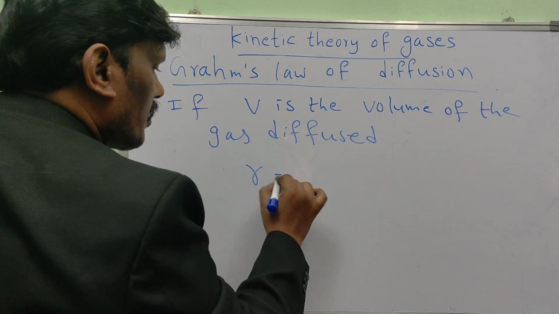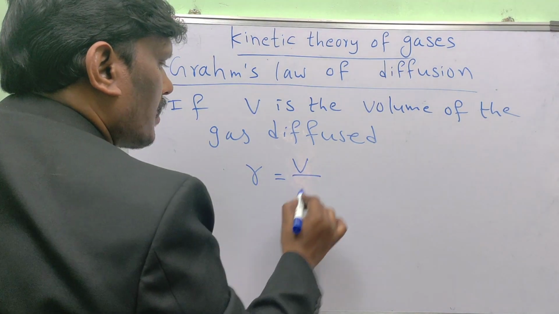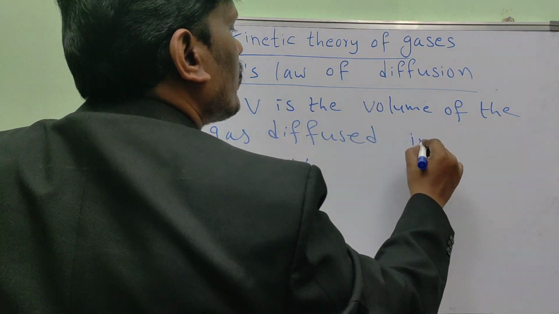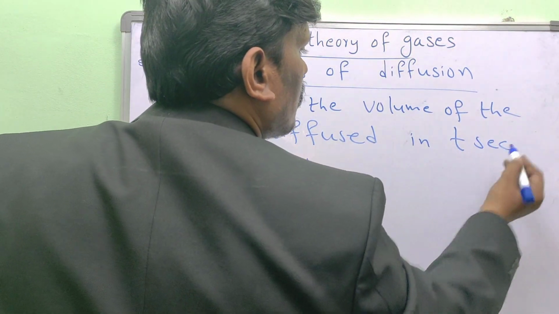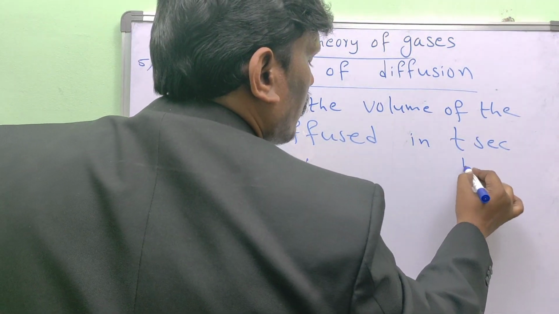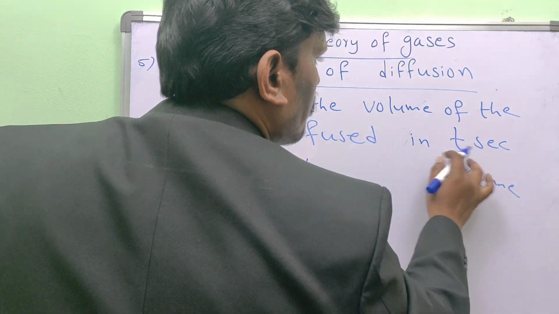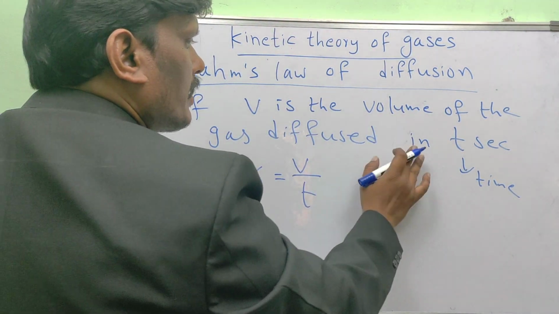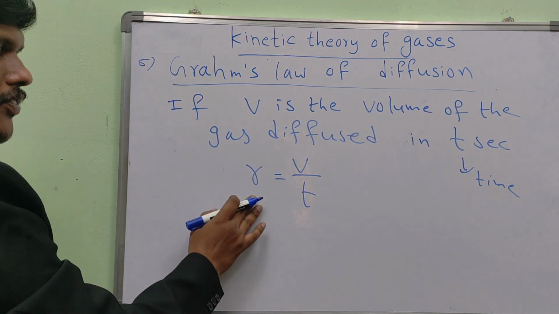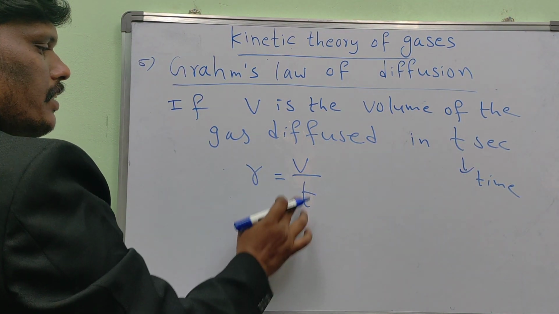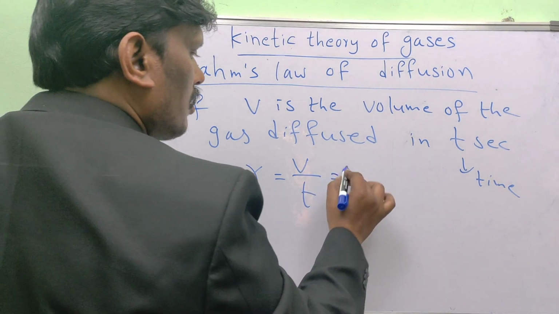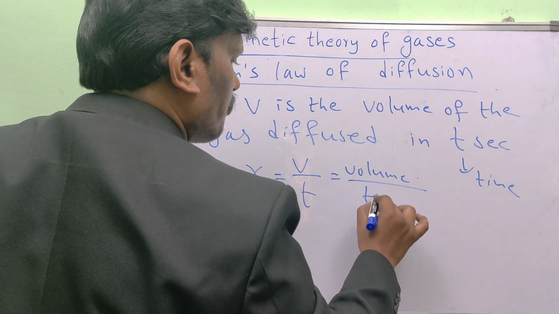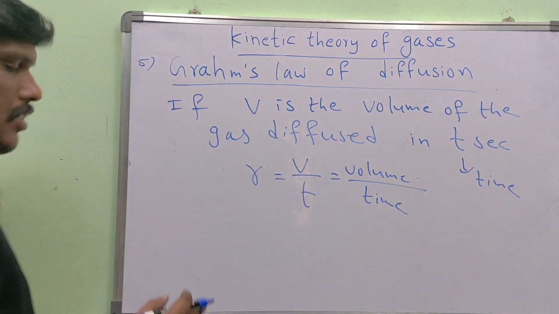If V is the volume of the gas diffused in T seconds, where T is time, then how to define the rate of diffusion? Volume of the gas by time. Here V is the volume of the gas and T is the time. That is the rate of diffusion formula.